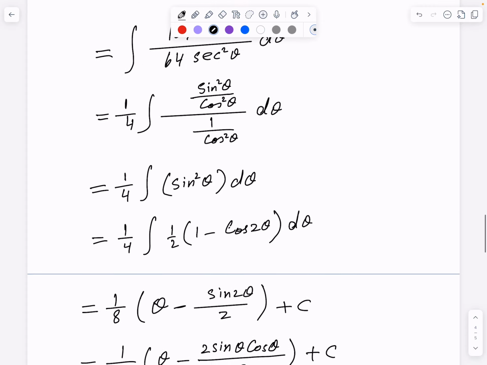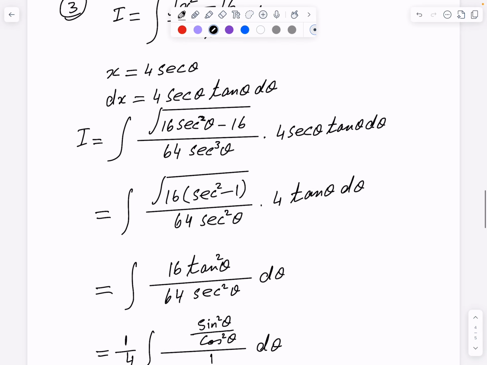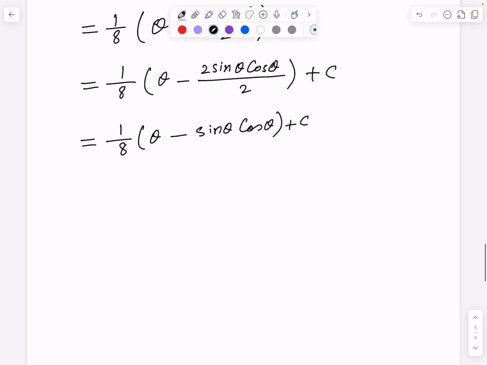So we had x divided by 4 to be secant theta. And now we're going to draw a right angle triangle. This is theta.